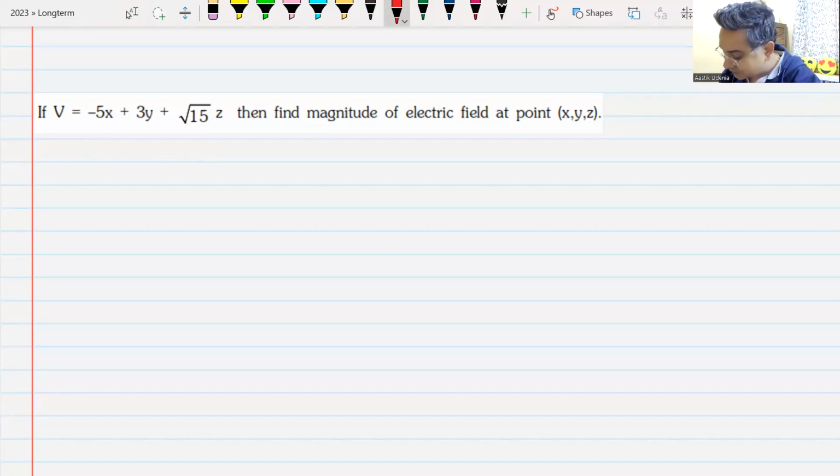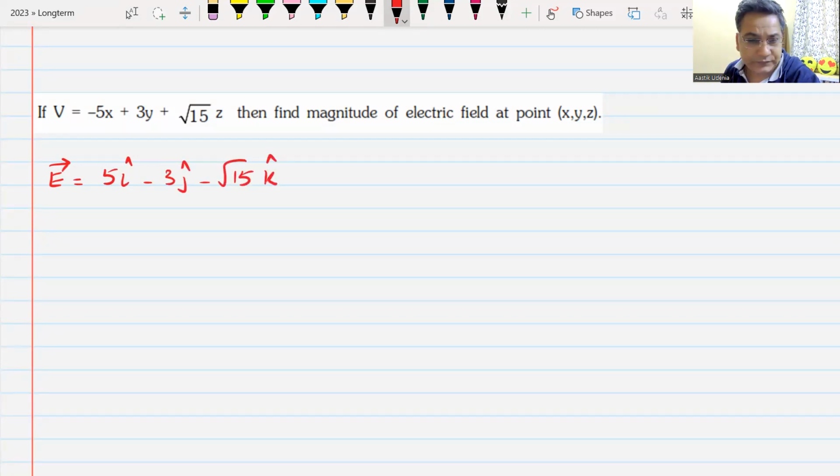So basically, first of all, you have to get the value of this electric field in vector form, minus del V by del x. So you differentiate everything with respect to x partially. So you will get minus of minus 5i, that will be equal to 5i, minus 3j, minus root 15 k. Yes or no?